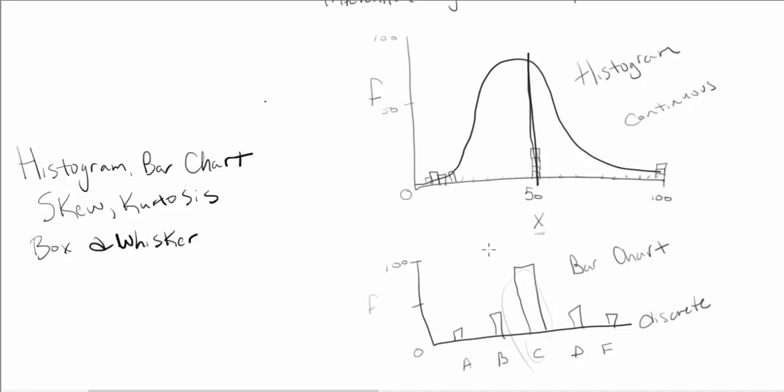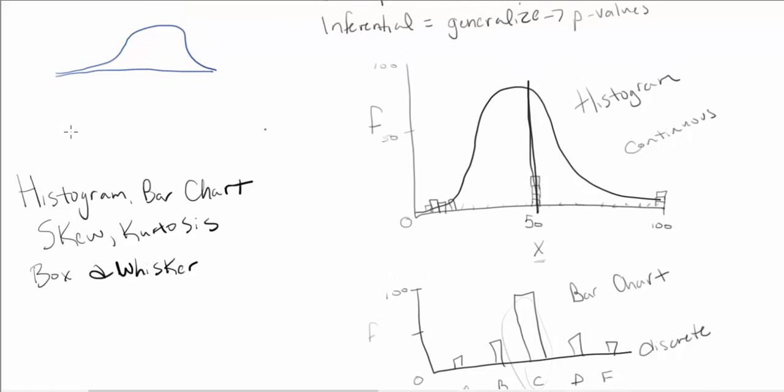Using a histogram, we can tell if we have issues with skew and kurtosis. We've started to talk about normality by now, so hopefully you have a better understanding of skew and kurtosis. This is something that will keep coming up, but visually you can look. If you have a data set that looks like this, let me scroll up a little bit to include the top of the distribution. You could also have a data set that looks like this, right? So you've got some tails that are pointing out.